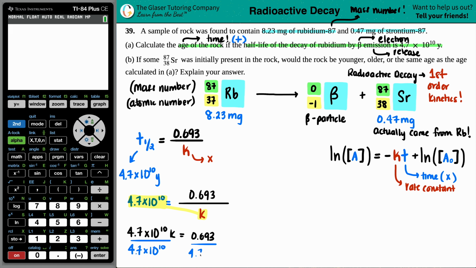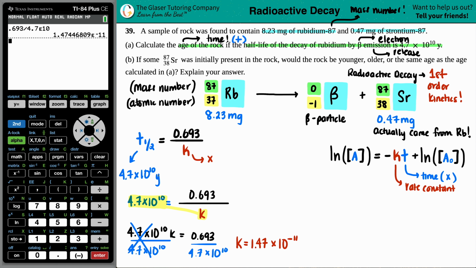But that is totally okay. So k equals 0.693 divided by 4.7 times 10 to the 10th. Just making sure that everything looks good on my end. 0.693 divided by that. That looks good to me. Okay, we have a very, very small k value. So my rate constant is 1.47 times 10 to the negative 11th.